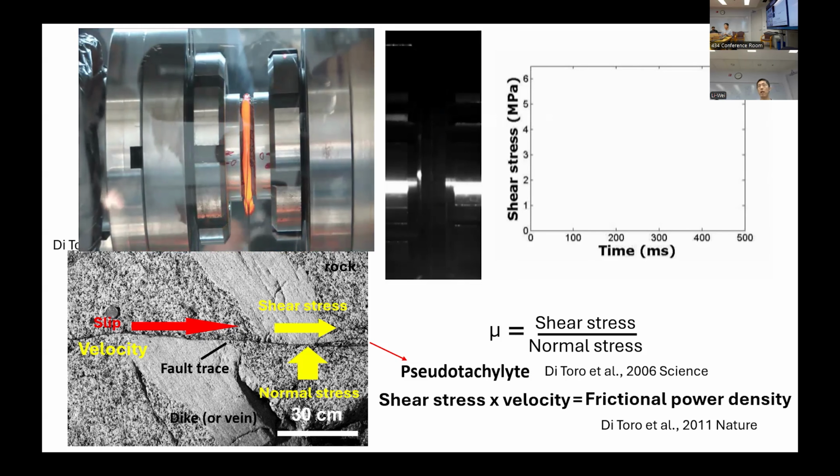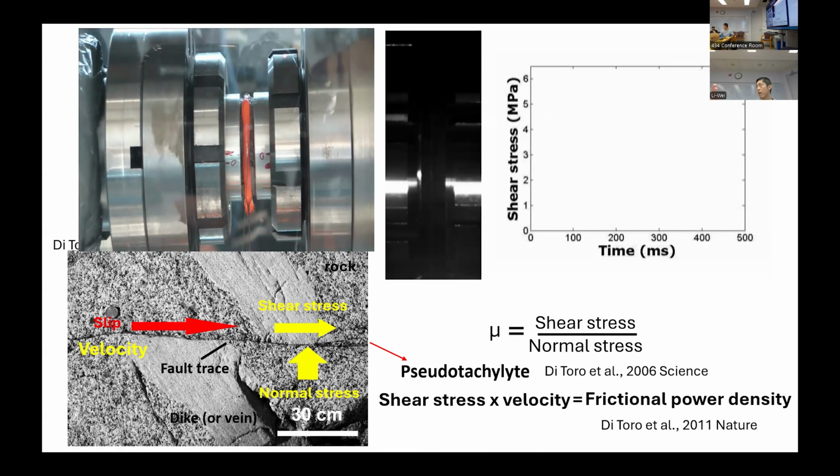But how does this kind of process contribute to frictional behavior? In the right panel, you can see exactly the same apparatus, but the video was captured by a very high frame rate camera, so 1 second has 1,000 frames. You will see a very slow motion movement.